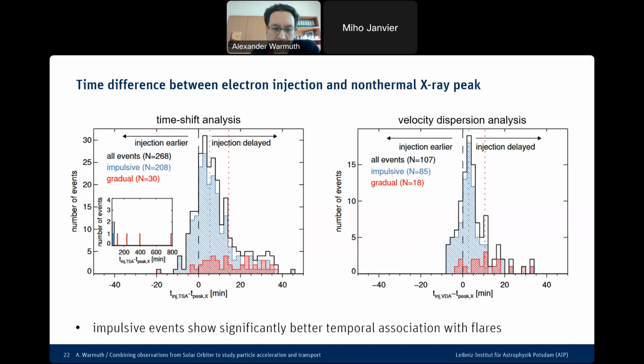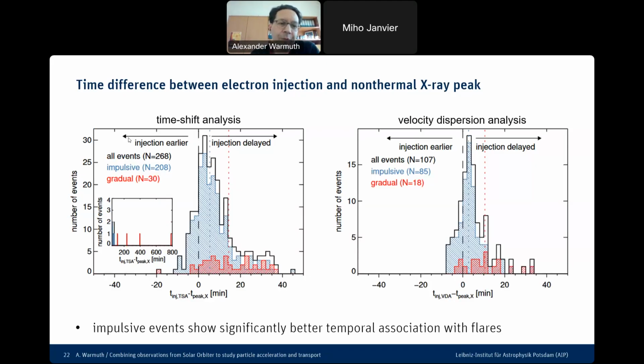And the last point I want to show here of our ongoing investigation is the time difference between the electron injection at the sun and the solar events. So here I've plotted histograms of the injection time, here with the more basic time shift analysis, and the peak of the STIX X-ray flare.